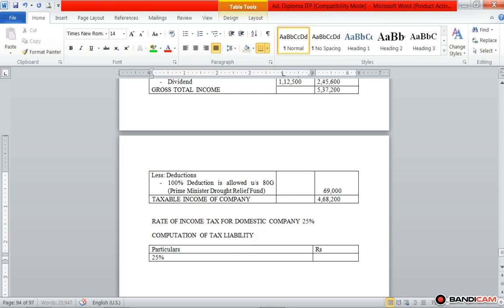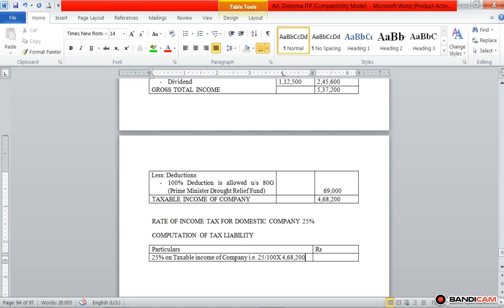25% on taxable income of the company, that is 25 divided by 100 multiplied by income 4,68,200.